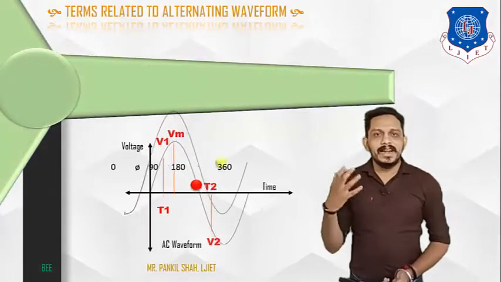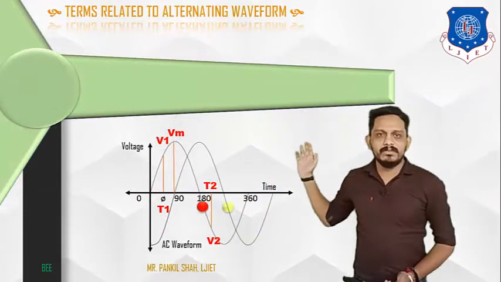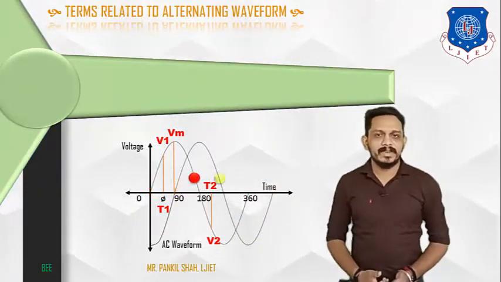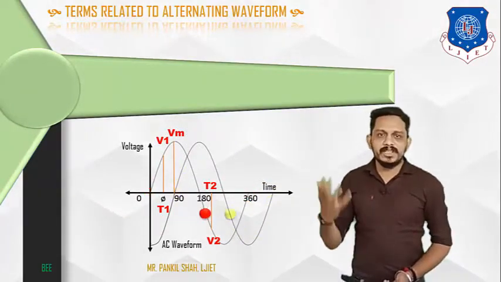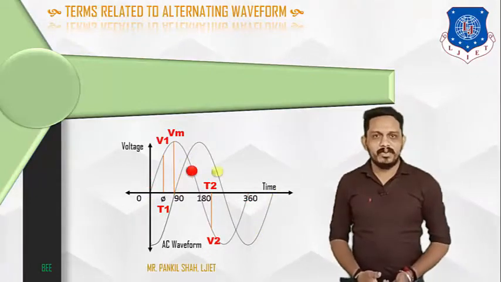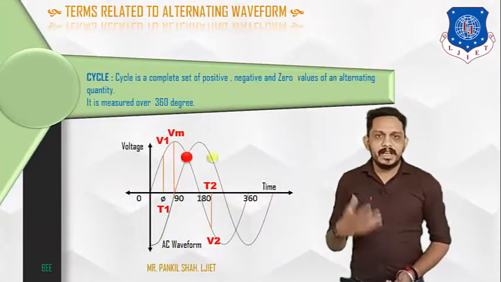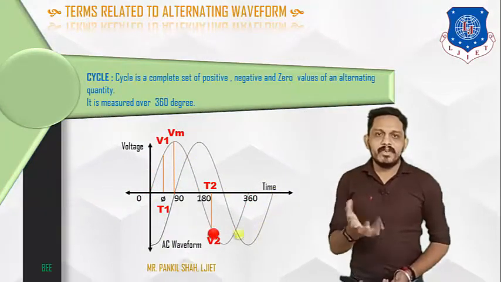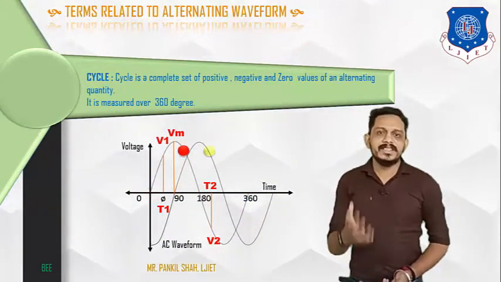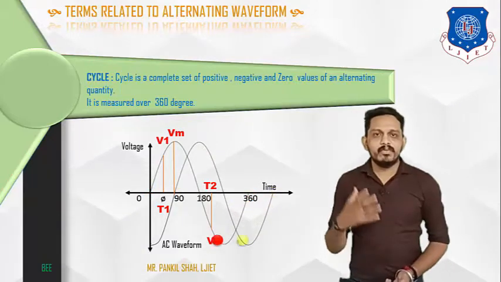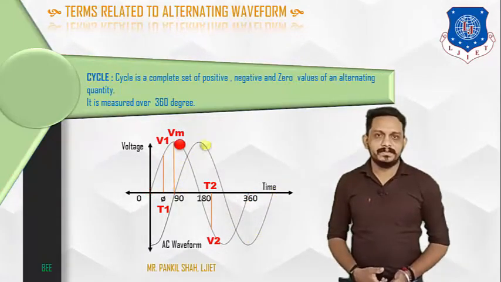So let's consider one waveform you can see here. This waveform is known as a sinusoidal waveform. For any instant, if we consider our first definition, that is cycle. So what is the definition of cycle?